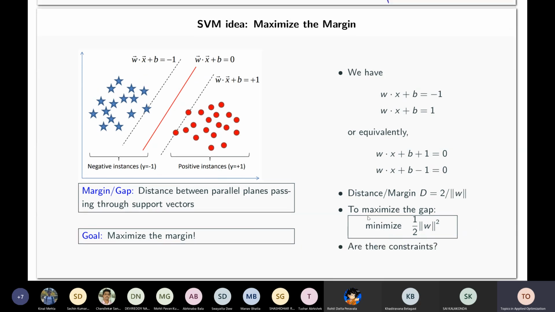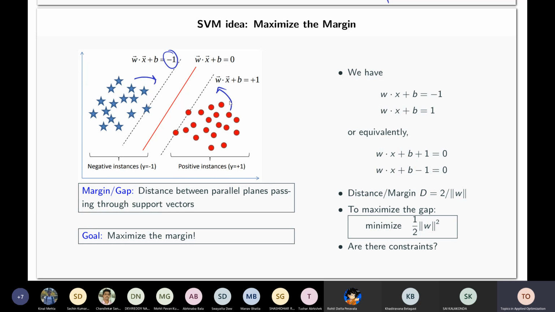But are there any constraints, or is it an unconstrained optimization problem? And if there are constraints, then what are those constraints? Well, from the geometry, what do we know? Constraints are that the data points here must be on the left side of the supporting hyperplane. So the stars must be on the left side, and these guys must be on the right side of the supporting hyperplane.